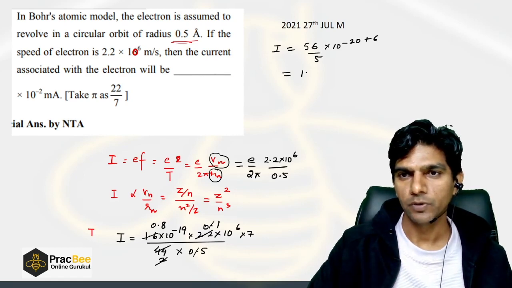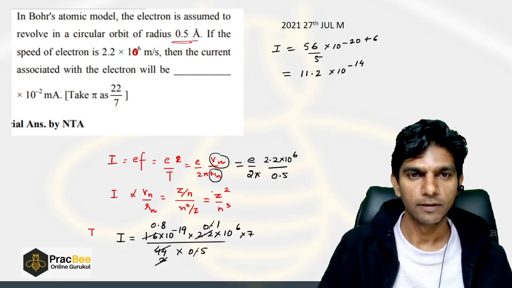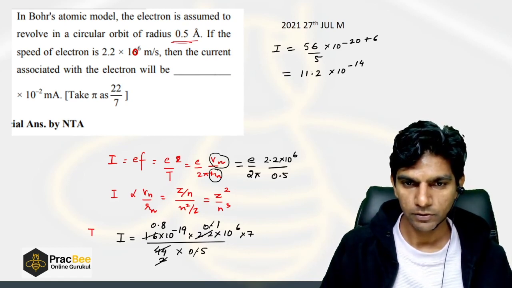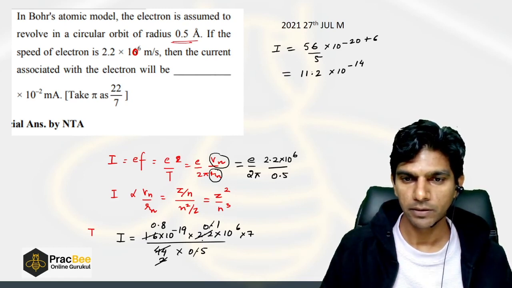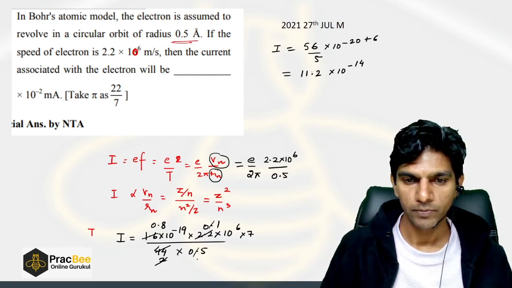So this will be 11.2 into 10 raised to power minus 14, right? Let me check once more. So there is minus 19 also there. Minus 19 minus 20 and then plus 6, right?